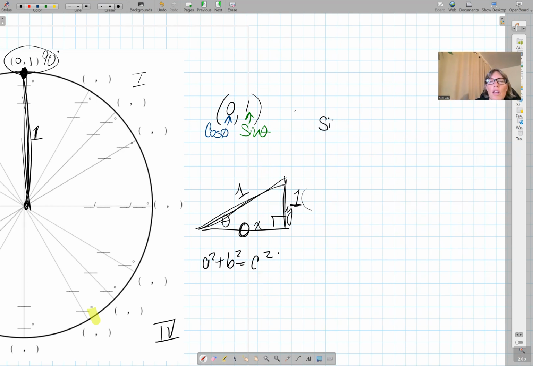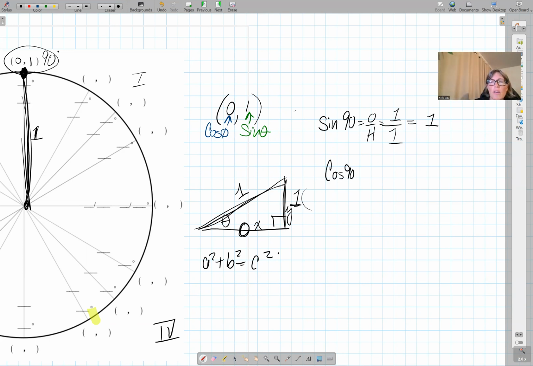So sine in a unit circle, sine of 90 equals opposite over hypotenuse. Our opposite is 1. Our hypotenuse is 1. So our sine of 90 is 1. When you see sine of 90 in a unit circle, it's going to be 1.